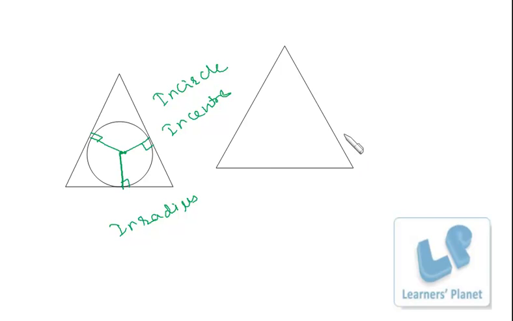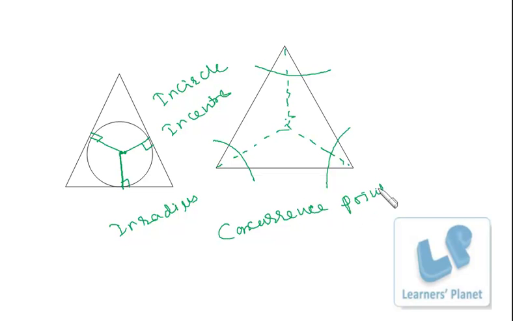I have this triangle. These three are the angles of this triangle. If you draw the bisectors of the three angles, then we'll be able to get the incenter. Incenter is the concurrence point of angle bisectors.